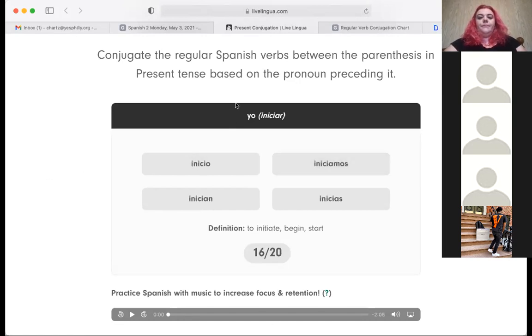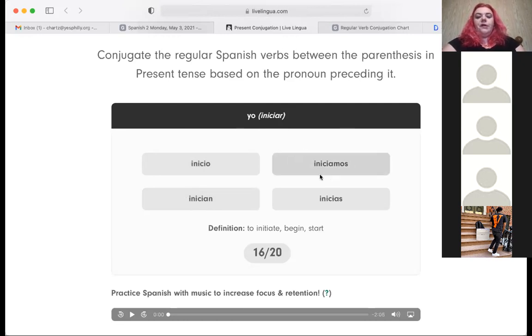So we have, for this next one, our subject is yo, I, and the verb is iniciar, which means to initiate. And it doesn't really matter if you don't know what the verbs mean. You can still conjugate them because they all conjugate the same, the regular ones. So our first option here is inicio. Second option is inician.